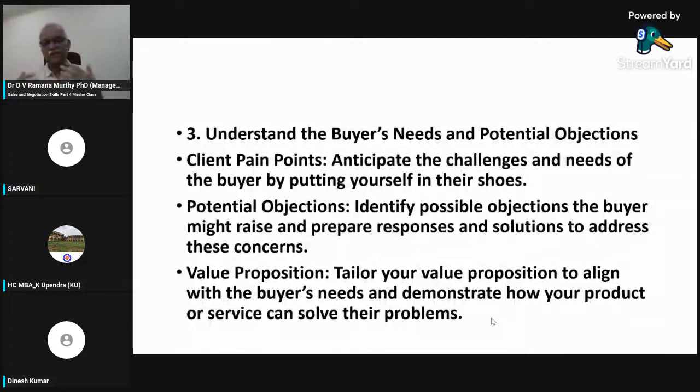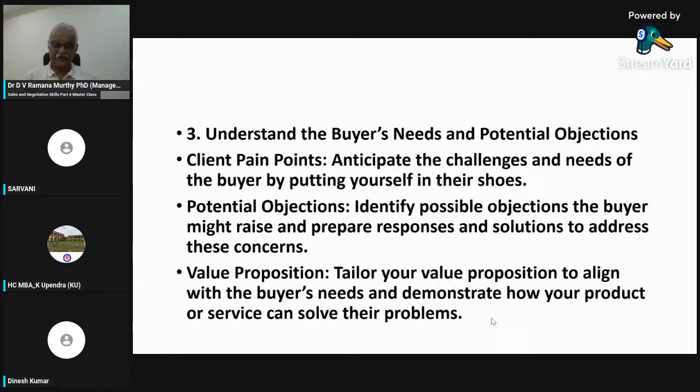Then you need to understand clearly what can be the potential objections, because during the course of discussion, the client organization may have n plus one number of doubts. So instead of them asking you the problems or objections, you need to identify, as far as possible, the possible objections the buyer might raise and prepare responses.